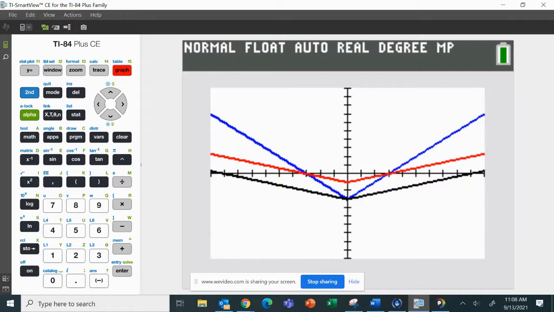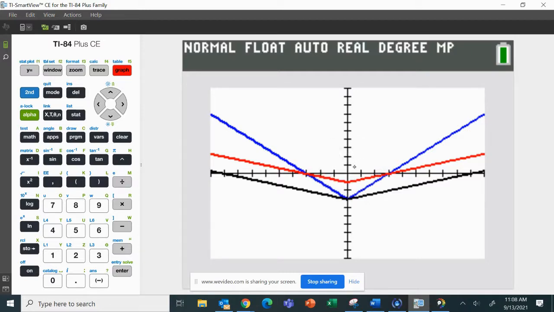So I think this right here might be one of the most confusing things about looking at your vertical stretch and understanding if you're correct or not, or a vertical shrink. For this V shape, we are shrinking it vertically, but because it's not starting at 0, 0, it's not starting right in the middle.